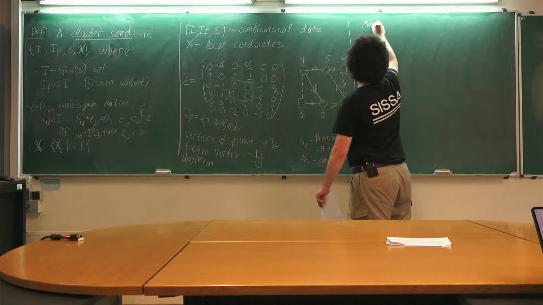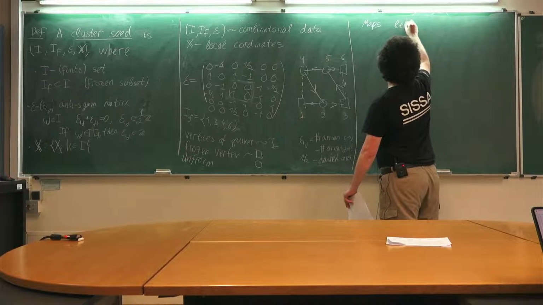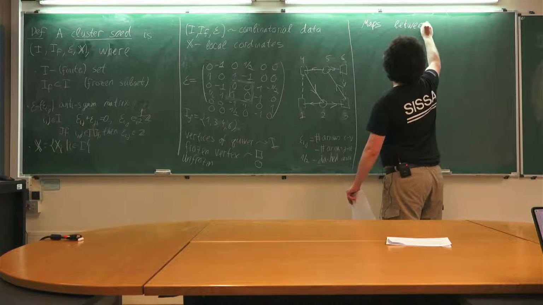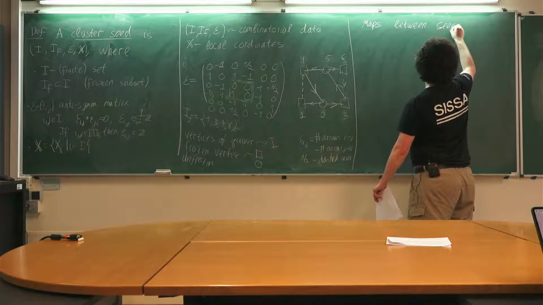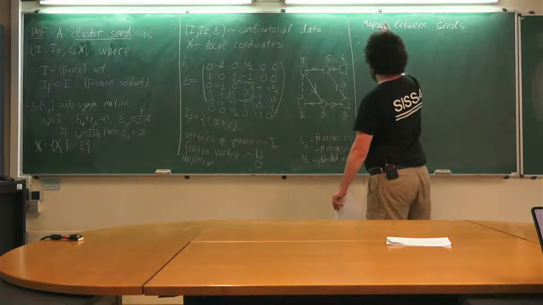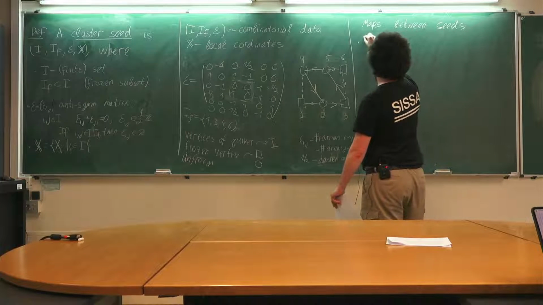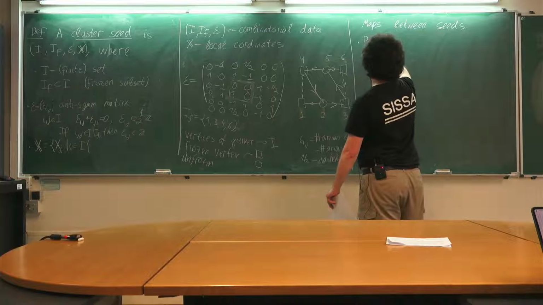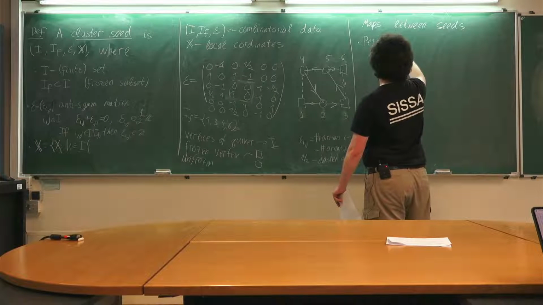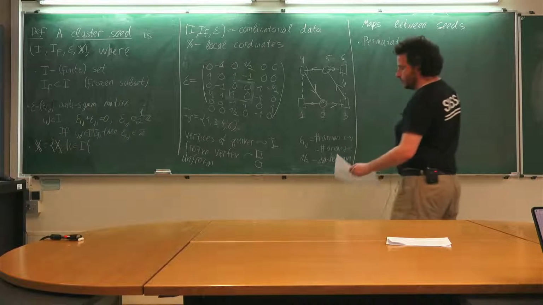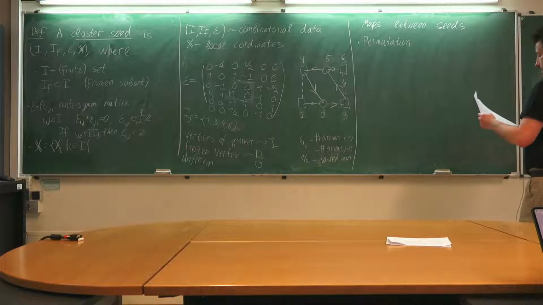Maps between seeds. A very simple map is a permutation. So we can just permute.